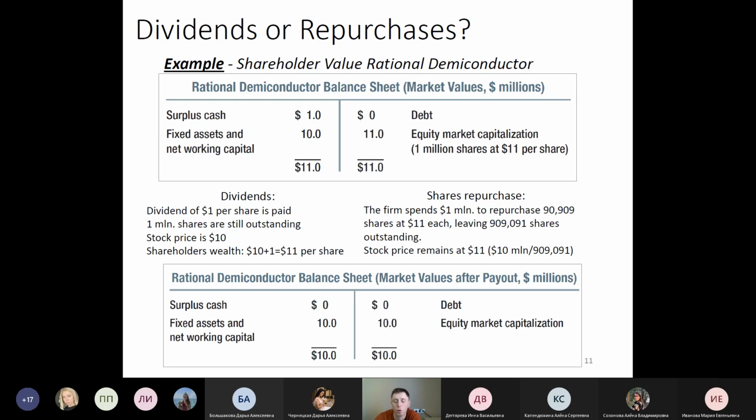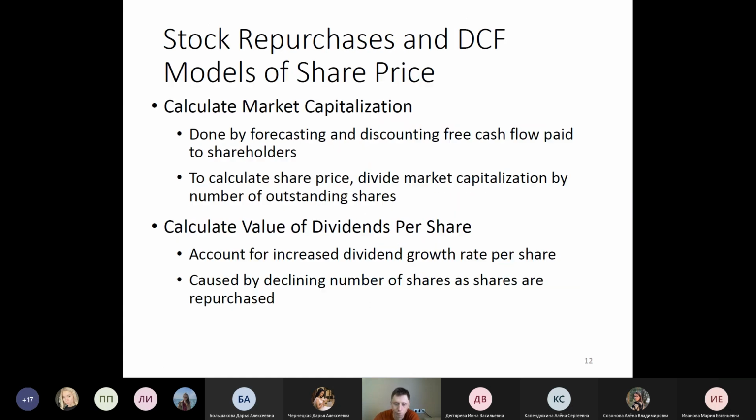The irrelevance of the dividend can be proved, but it is important to mention that these theories have a condition that both dividend and other types of financing are taxed in the same way.